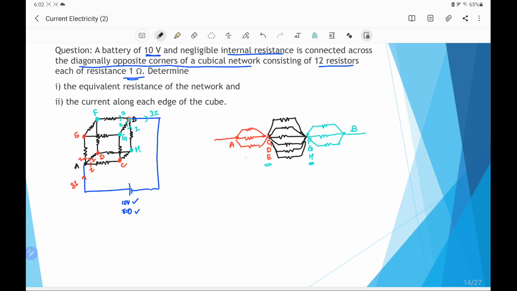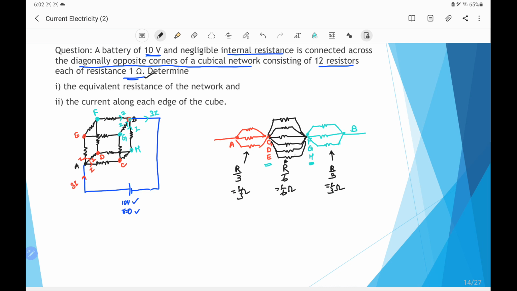If we calculate the equivalent resistance of this circuit, 3 resistors in parallel, each of R, give R by 3. Here 6 resistors in parallel give R by 6, and here again the value is R by 3. Because R is given as 1 ohm, these are 1 by 3, 1 by 6, and 1 by 3 ohm.